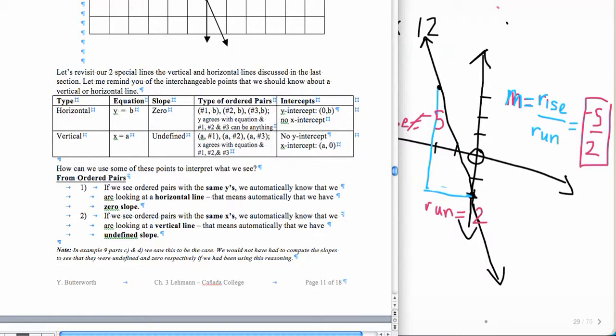So how can I tell from a visual that I have a vertical line, or how can I tell from a set of ordered pairs? How can I use the points right up there in this table to interpret what I see? Based upon the ordered pairs, if I have the same y's, I know I have a horizontal line, which has 0 slope. Based on the x's in an ordered pair, I know I have a vertical line, and therefore undefined slope.